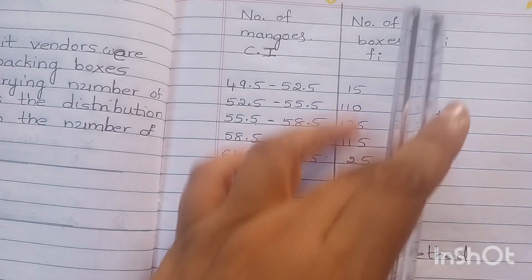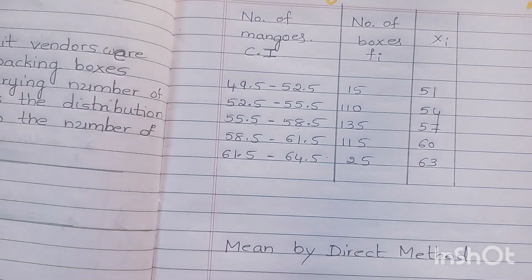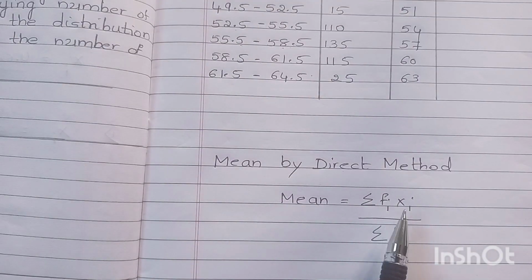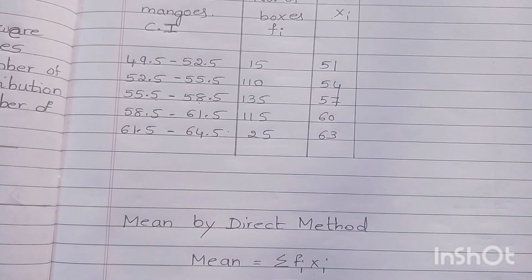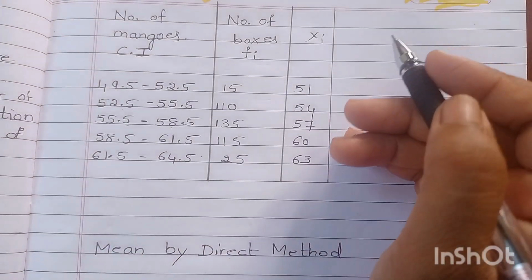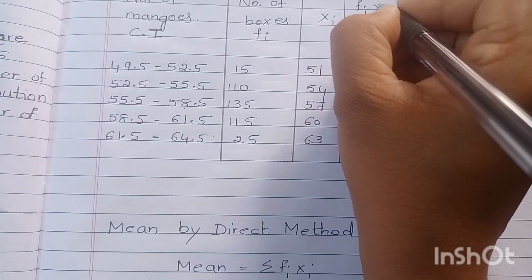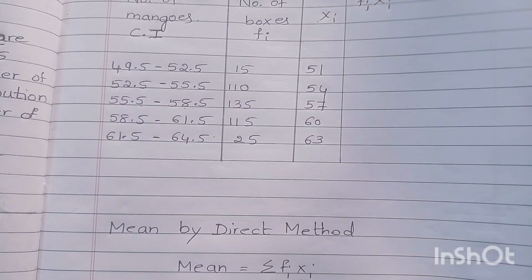Now, what is the next step? Here, we know that the formula is fi into xi, isn't it? Fi into xi means we have to multiply fi and xi. Let us do that. See here, fi into xi. Okay, which is our fi here?